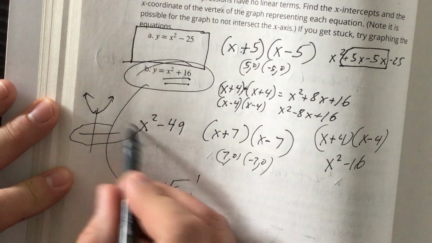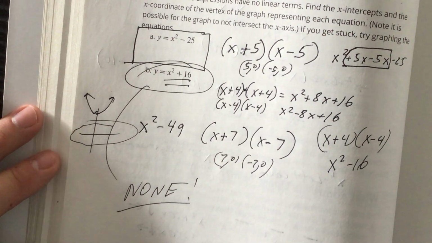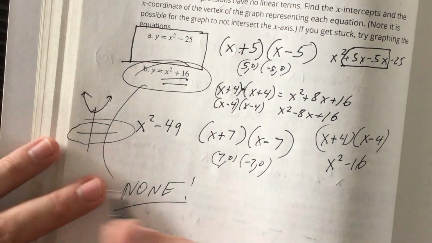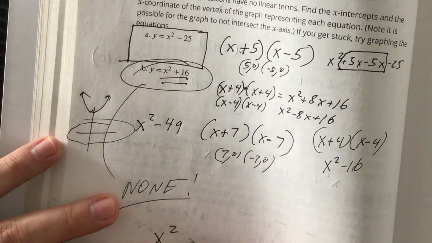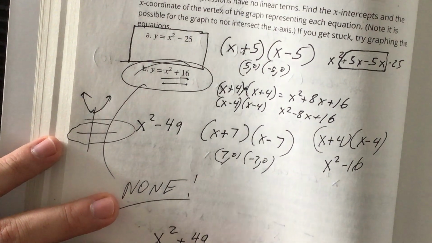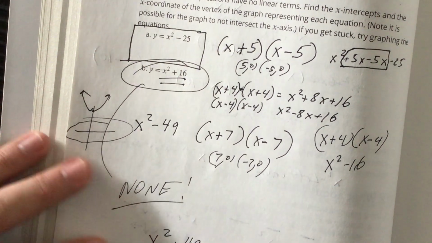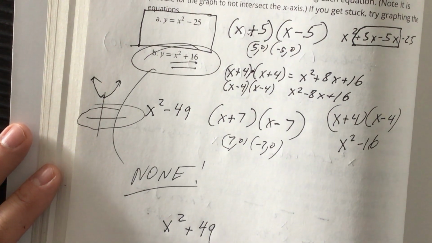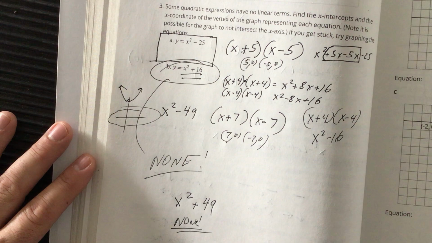It never crosses this line. There are no x-intercepts. So if you have x squared plus 49, no x-intercepts. You can't ever factor that one, not with a plus.